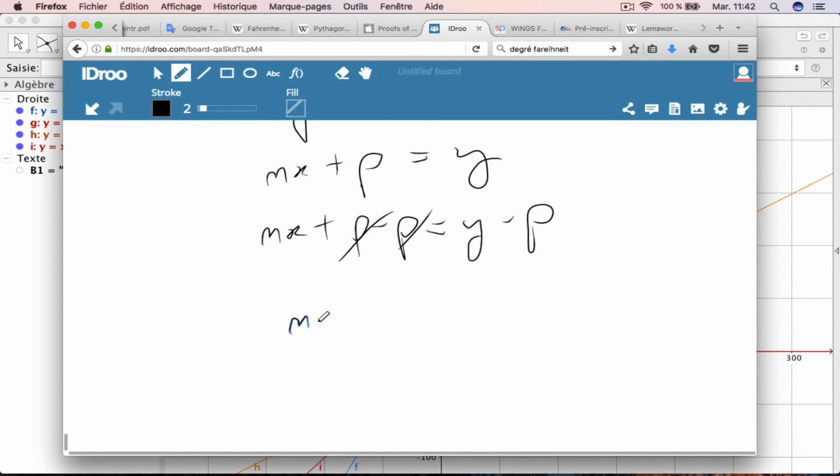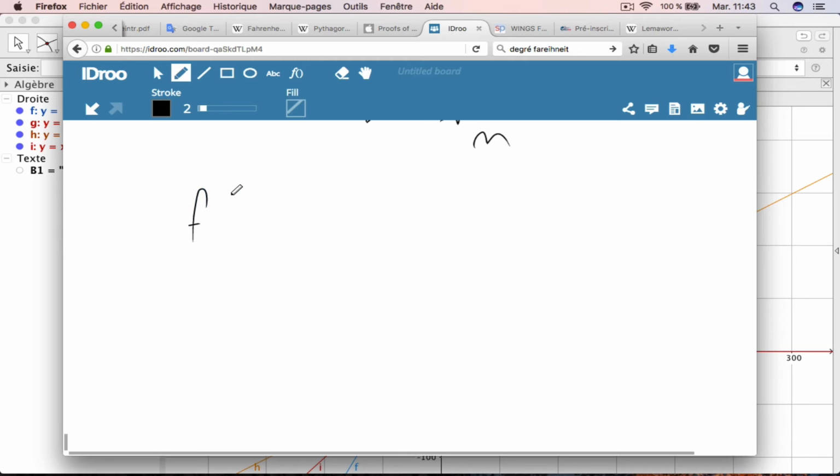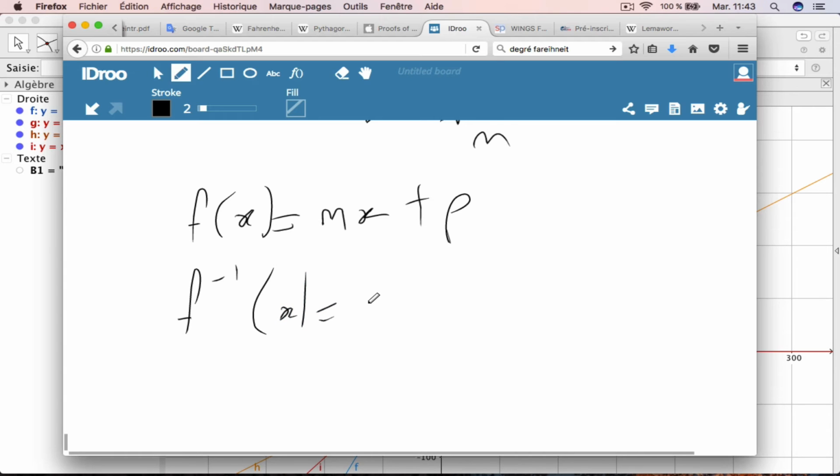Second, we have to divide by m. So we've got x equals y minus p on m. So we always have this relationship if we've got f of x equals m times x plus p. The reciprocal, called f to the minus 1, equals x minus p on m.